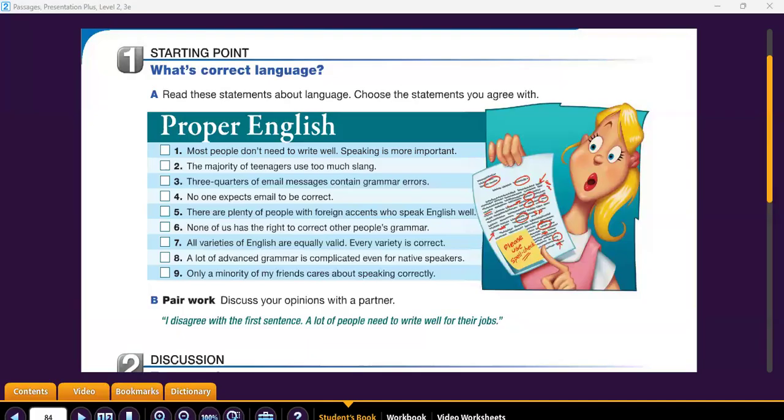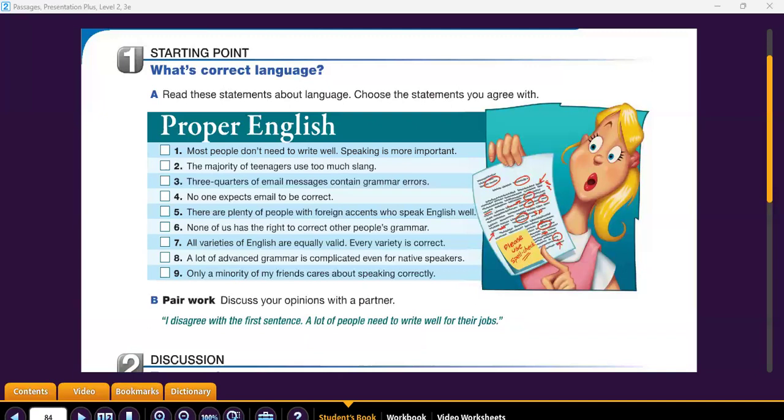Number 7. All varieties of English are equally valid. Every variety is correct. Agree. Yeah, because it's the way these people speak in each place.